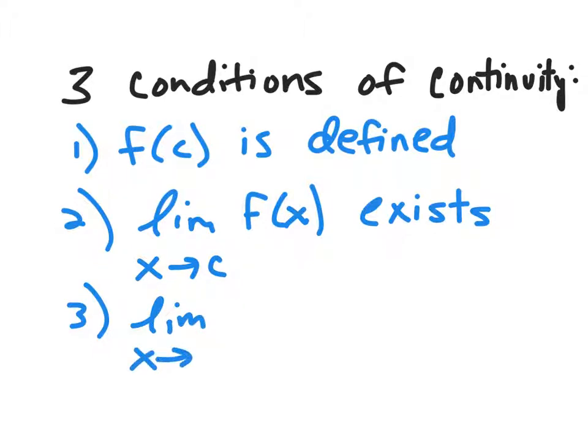So the limit as x approaches c of f of x must equal f of c. In other words, the point, the solid dot, must be in the same location as the y value, which is the limit. So here's an example of what I'm talking about.